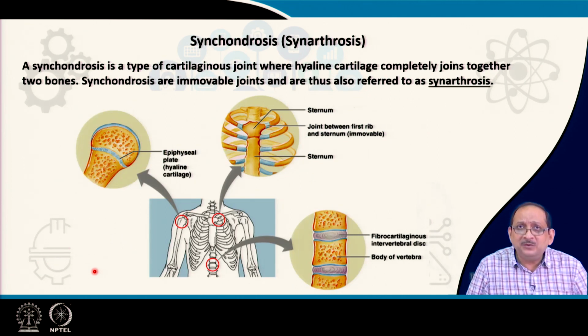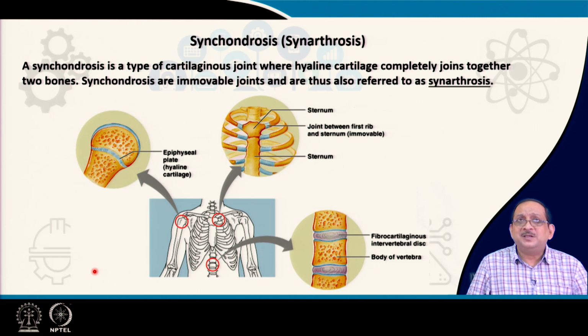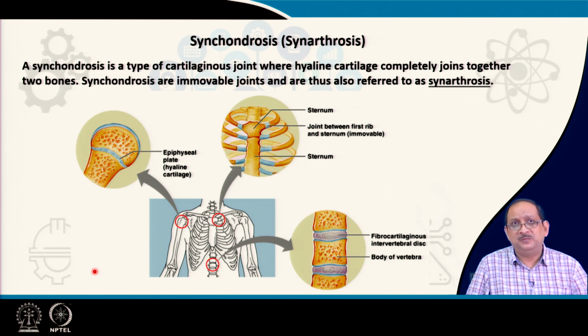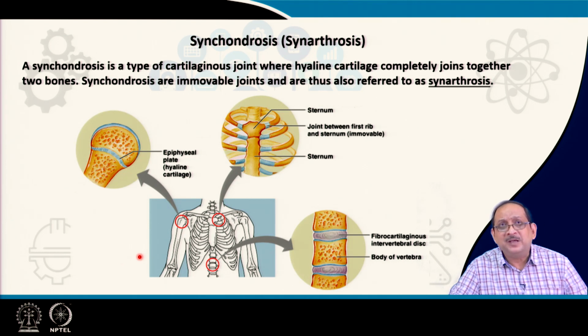The synchondrosis is a type of cartilaginous joint where hyaline cartilage completely joins together two bones. Examples of synchondrosis are the epiphyseal plate in the femur bone, the joint between the first rib and the sternum as indicated here, and also fibrocartilaginous intervertebral disc joints in the vertebral body.